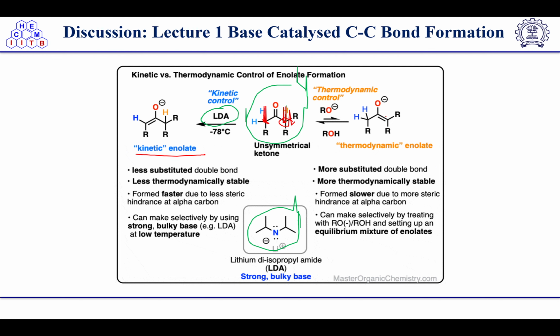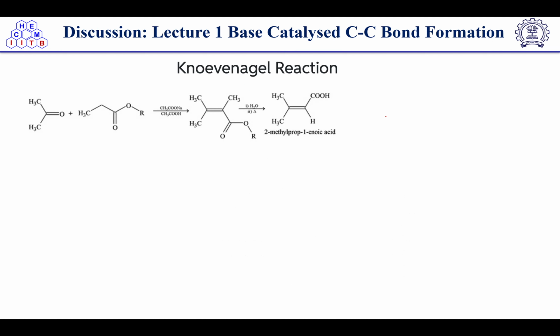Because the energy barrier is lower, the reaction is faster, right? And the energy required to cross that barrier is not that high compared to thermodynamic control. That's why it also works at low temperature. So here is the difference between the thermodynamic control enolate and the kinetic control enolate. Next, move to the next slide.